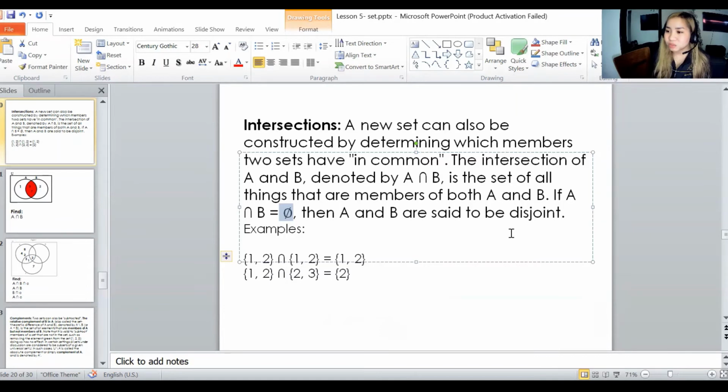Kapag po walang magkaparehas na elements inside that set, hindi po nag-i-intersect yung dalawang set na yon. So, for example, we have intersection 1, 2. Kapag ganyang symbol, ang hinahanap natin kung ano yung common sa dalawang set na to.